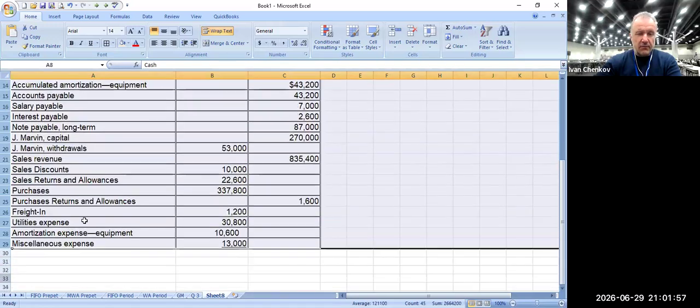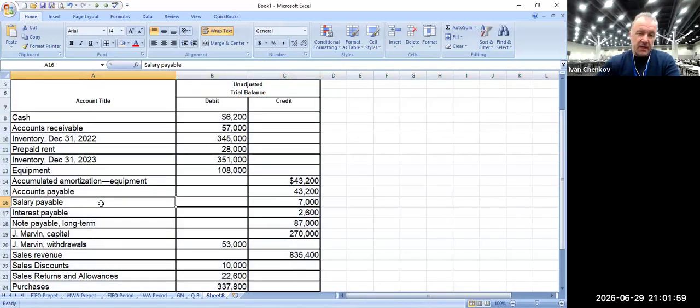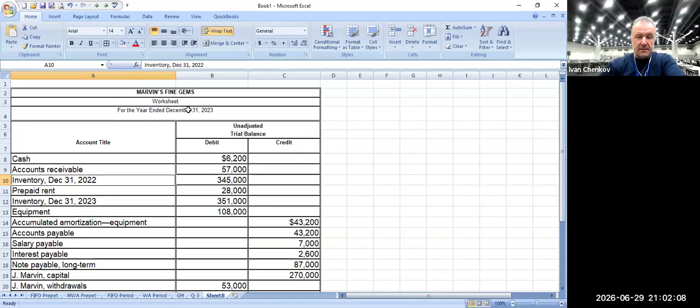provided and think what kind of company that might be, what kind of system this company can use. So we have cash, accounts receivable, inventory. The year here is 2023. We have inventory from the previous year and inventory at the end of this year. Once you have the inventory of the previous year and the inventory from the current year, that means we're definitely running a periodic merchandising company, which uses the periodic system.